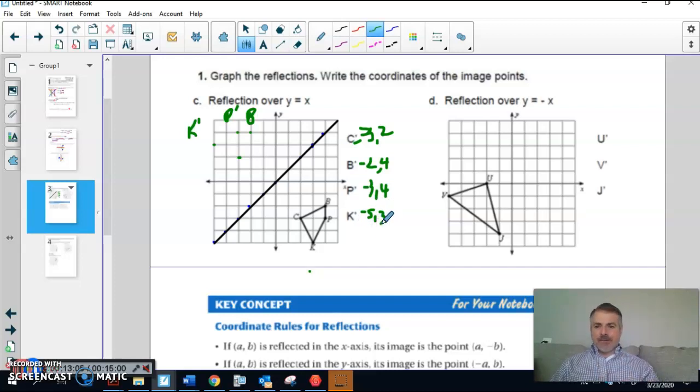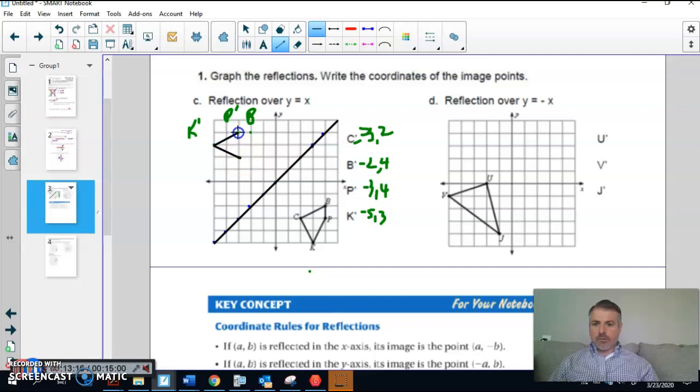All right, so let's try to connect those with straight lines. Let's make it look a little bit better. So now you kind of see that reflected image a little bit better there.